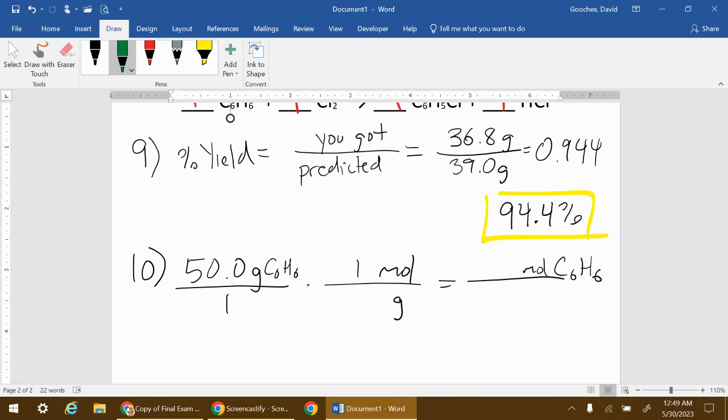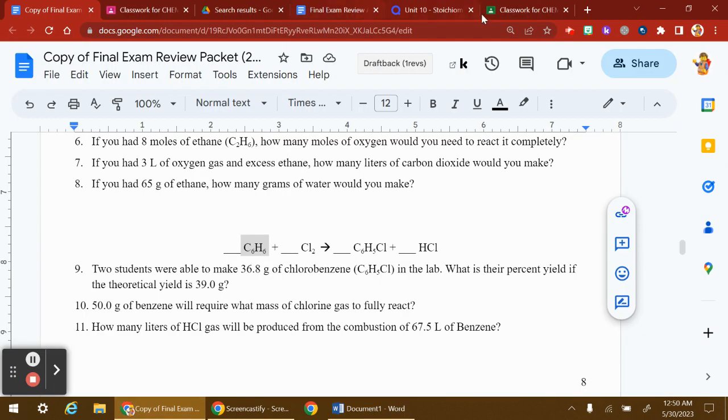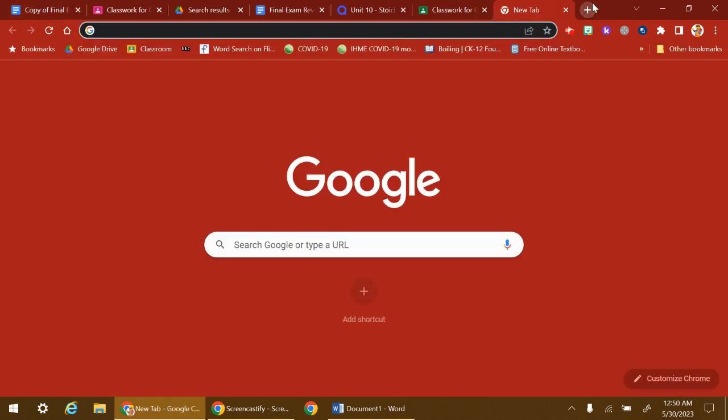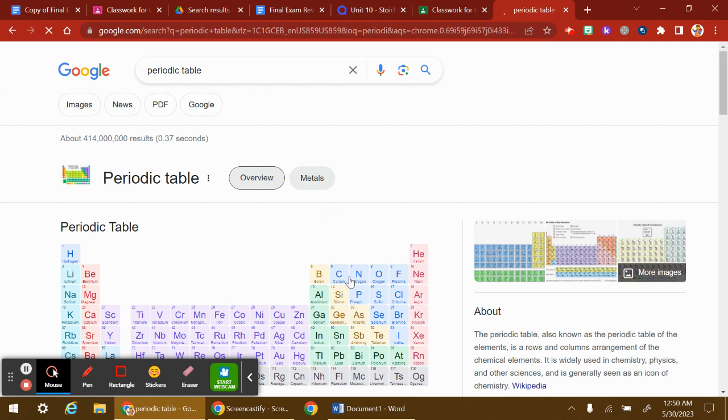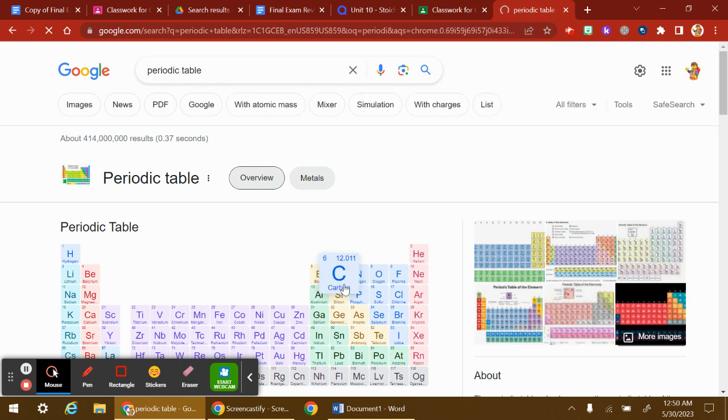That's 6 carbons, so 6 times 12.01. That's the molar mass of carbon, lest we forget. There's a periodic table somewhere here. Yeah, there we go. Carbon right here, 12.01 times 6 plus 6 hydrogens, 6 times 1.008.